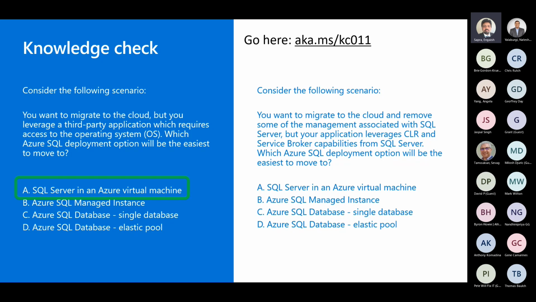Okay, so the first question: migrating to the cloud, but you leverage a third-party application which requires access to the operating system. In such a scenario, SQL Server on Azure Virtual Machine is the obvious choice. The second question is more about the instance scope features where you want Service Broker capabilities and CLR.